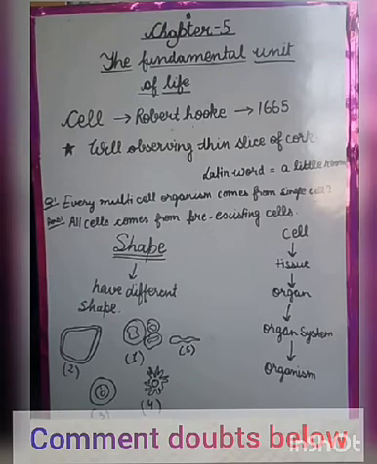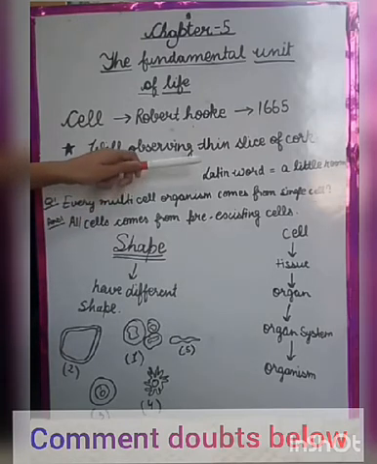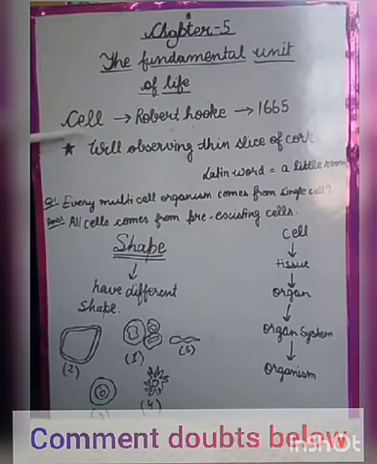When the cell was found, the person who found it looked very carefully at what these structures were, and he noticed that they were tiny room-like structures. The meaning of the Latin word is 'little room', so that's why it was given the name cell.